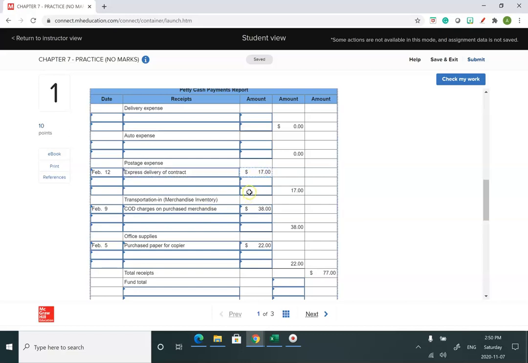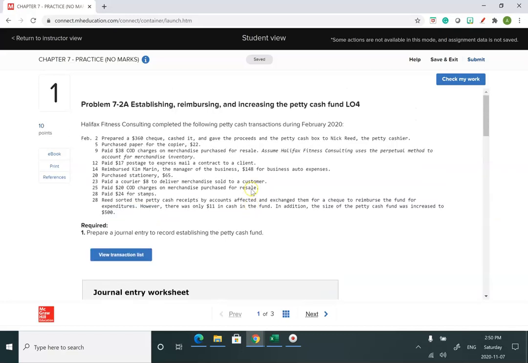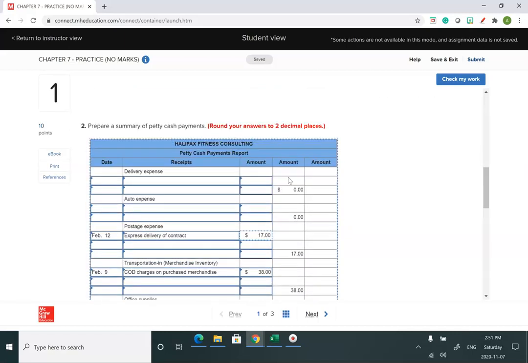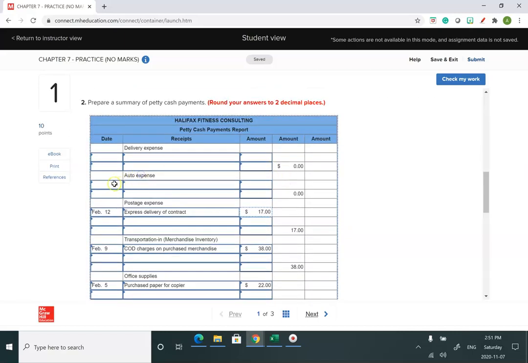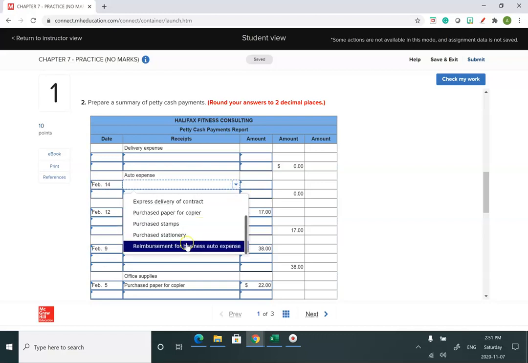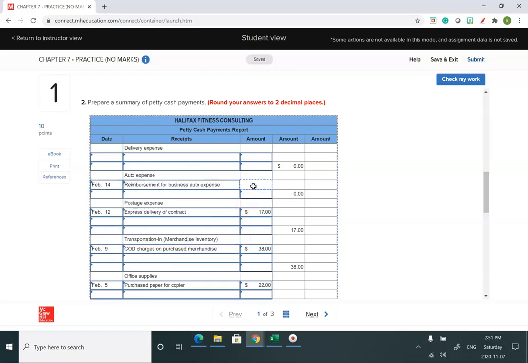And then that was $17. On the 14th, it says reimbursed Kim Martin, the manager of the business, $148 for business auto expenses. So I'll just look to see if I have an auto expense account, which I do right here. So I'll put that one under that category. February 14th, reimbursement, and that was $148.